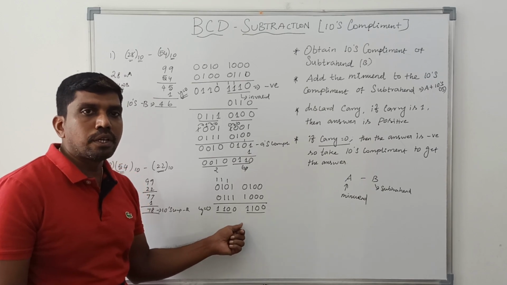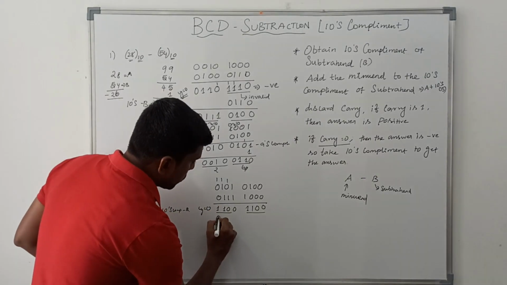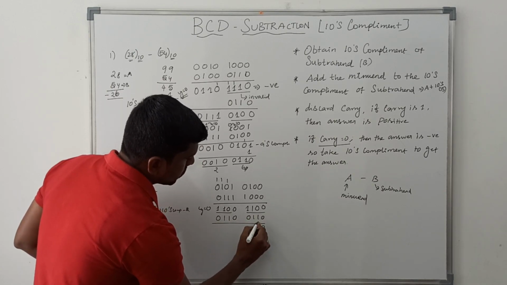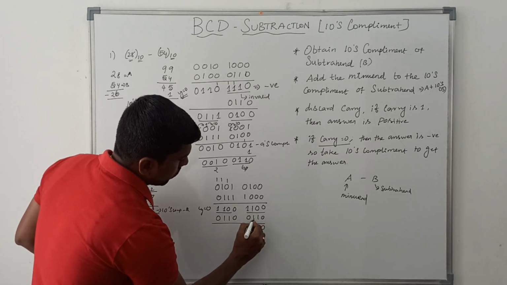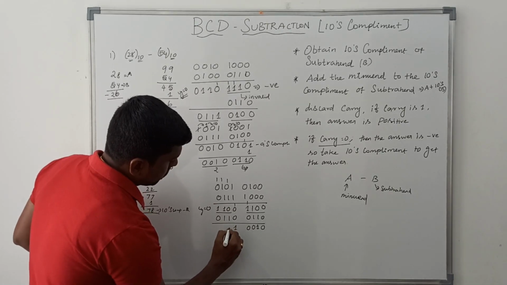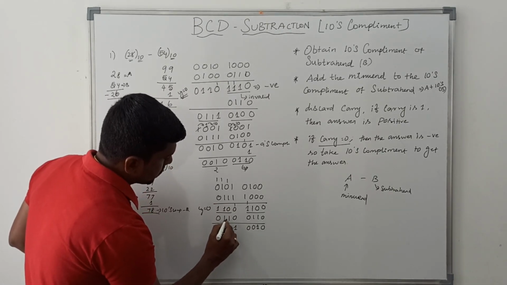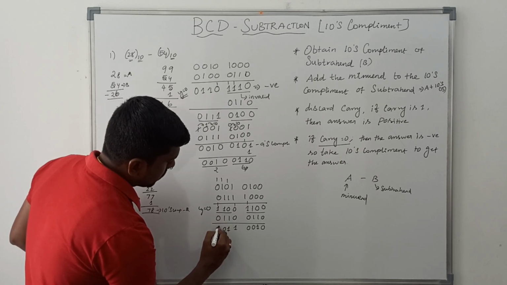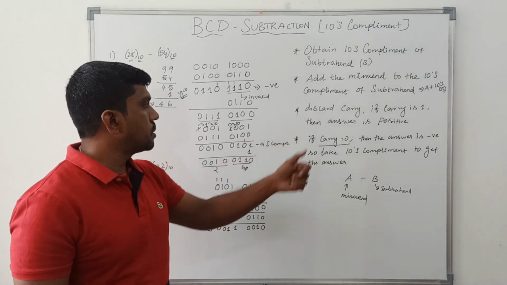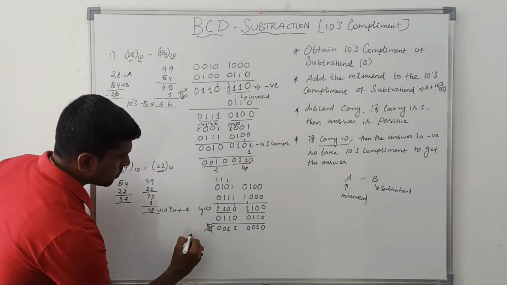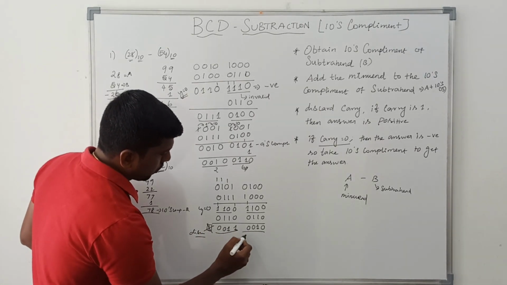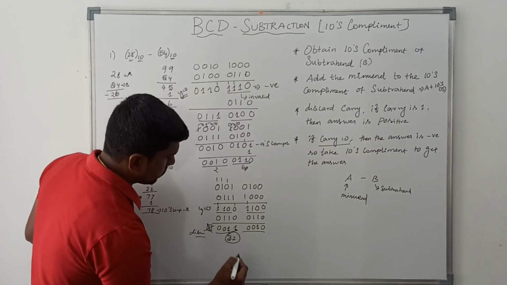First you convert this number into a valid BCD number by adding 0110 to each 4-bit group. The addition produces a carry of 1. If the carry value equals 1, just discard the carry, then the result is a positive number, 32.